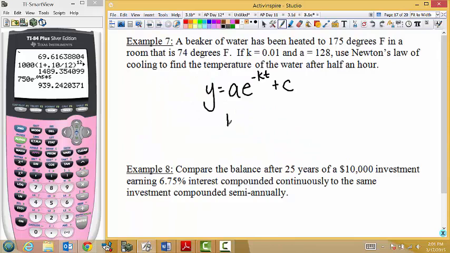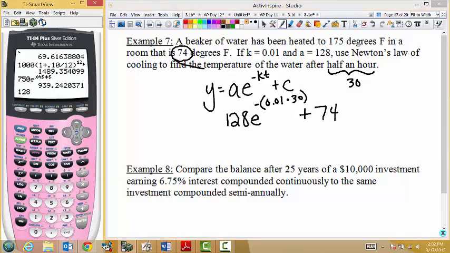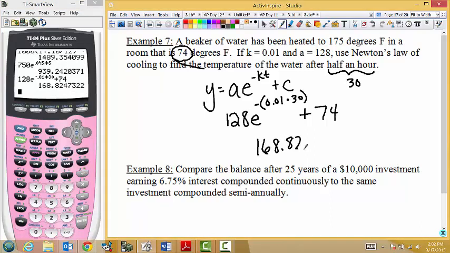So A, it gives it to you, 128, E to the negative 0.01 times T. T is the time in minutes, so it's 30, plus the temperature of the room, 74. So I just do 128 E to the negative 0.01 times 30, plus 74. And that's 168.82. Does it say what to round to?